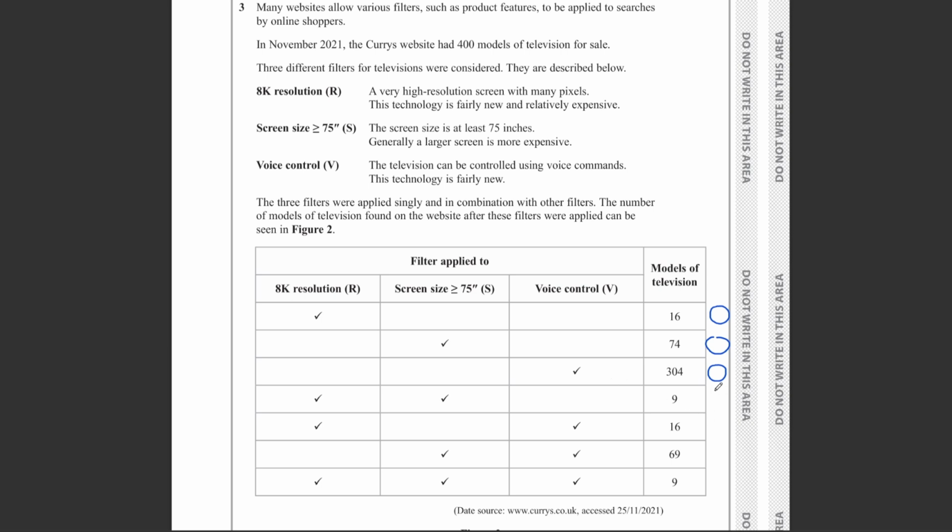Next row is about the common part of the resolution and the screen size. Next row is also about the common part of the resolution and voice control. The next line is also about the common part of the screen size and the voice control. And the very last row is about the common part of all three.